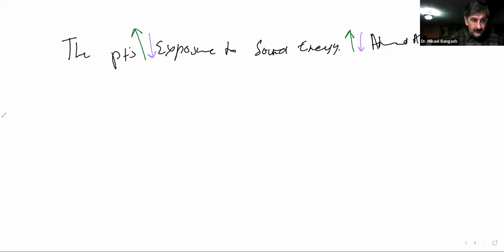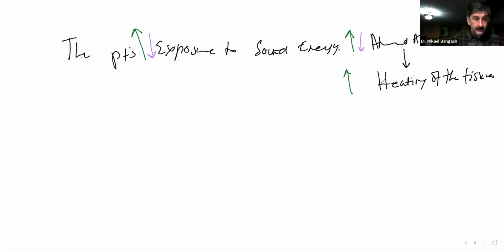And what is it that this absorbed energy is going to lead to? Heating of the tissues. Greater exposure, greater absorption, more heating.